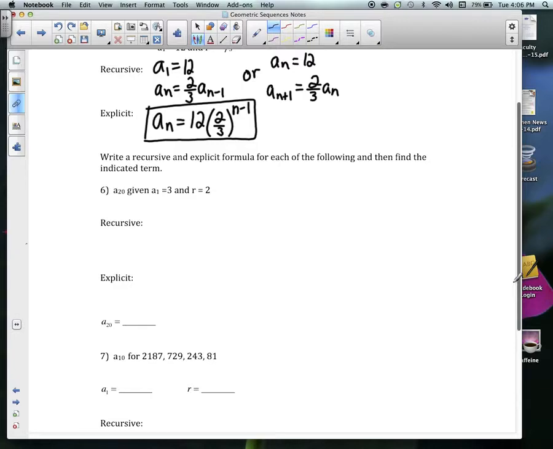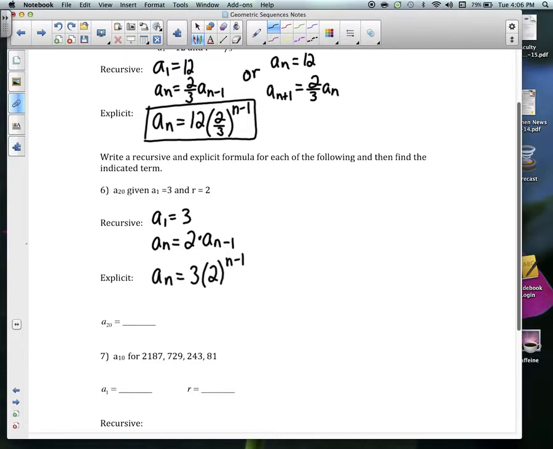So we're going to find A20 given A1 is 3 and R is 2. For recursive, I'll just write the one version this time. The explicit is AN equals 3 times 2 to the n-1.